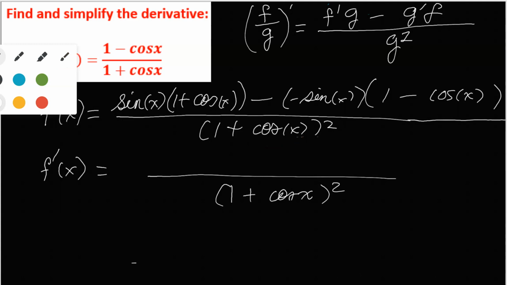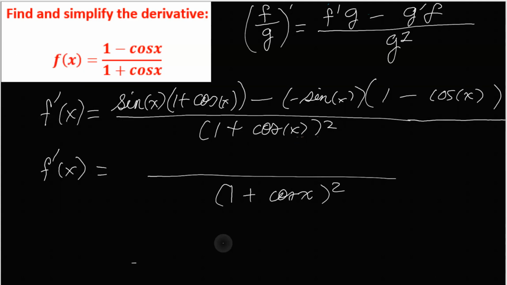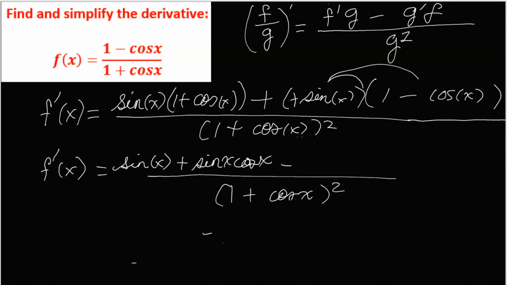On the numerator, then let's go ahead and clean that up. Distribute, we will have sine of x plus sine of x cosine of x, minus is going to be a plus here. Distribute, we would have plus sine of x minus sine of x cosine of x. Look at that.